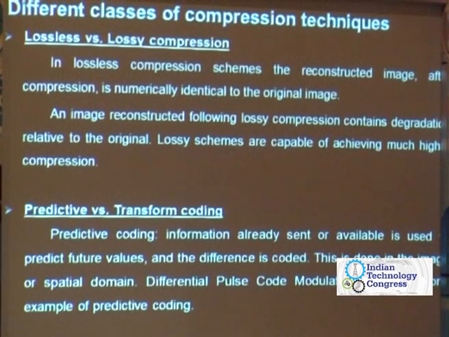Coming to predictive and transform coding, predictive coding is where some of the values which are already sent or already present are taken as a basis, as a coefficient or an example to analyze the future samples. And the difference between the present and the future is coded and transmitted. So differential pulse code modulation is an example of predictive coding.